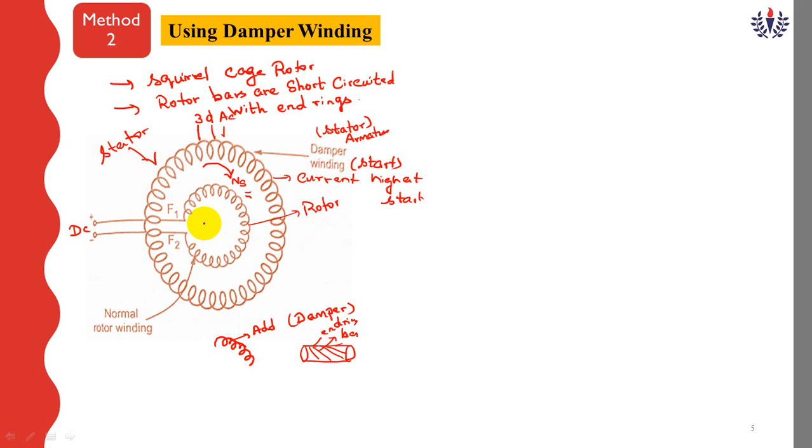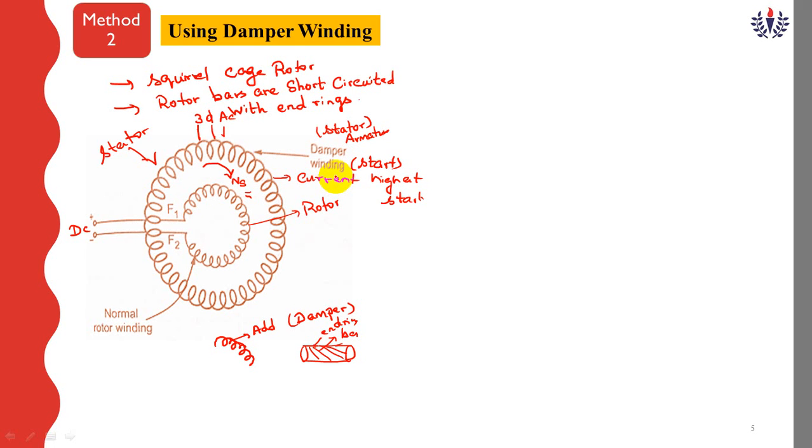Please note, this damper winding is only for starting purposes. Once the motor runs at synchronous speed, the damper winding is automatically deactivated.